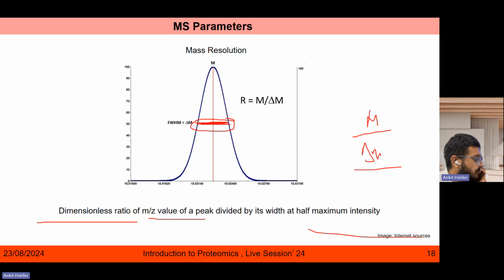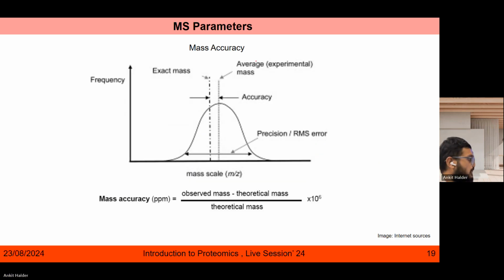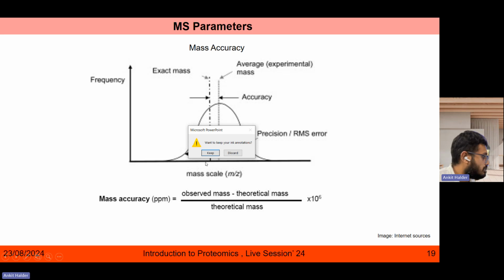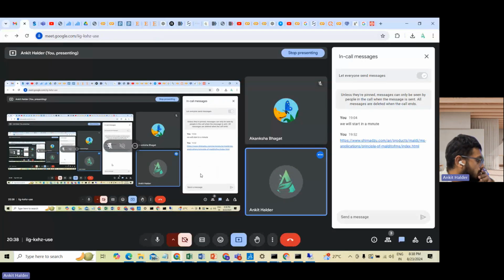That is delta mass, divided by mass. So this will help us understand whether two peaks will be able to resolve or not, depending upon your mass resolution. So is it fine, right? You have understood the meaning of resolution.